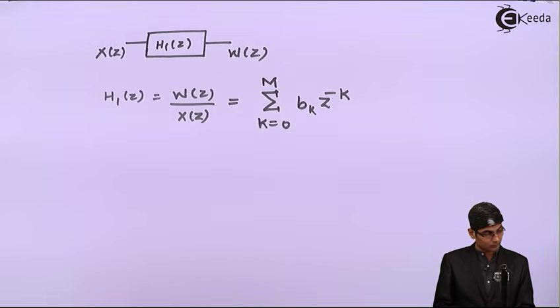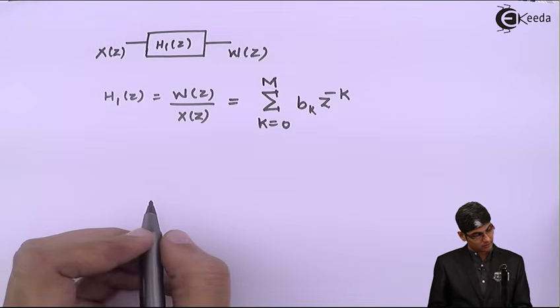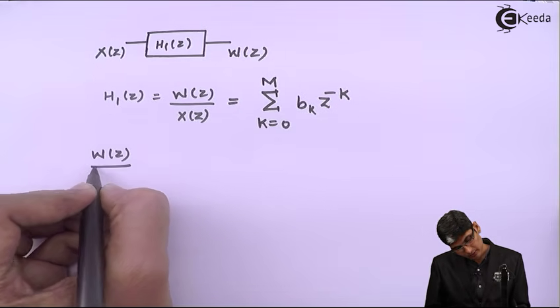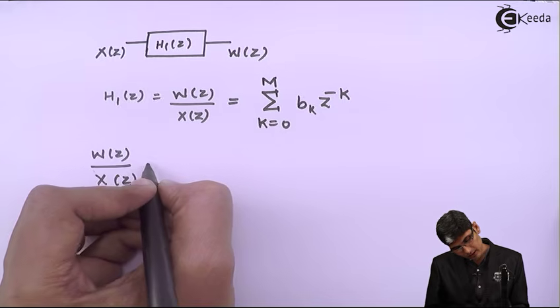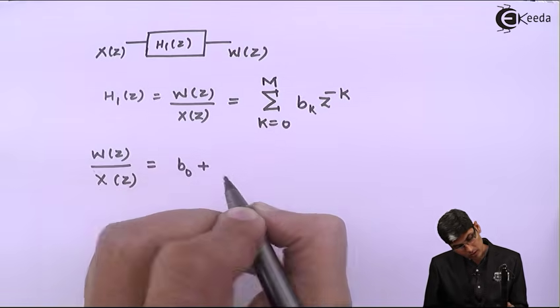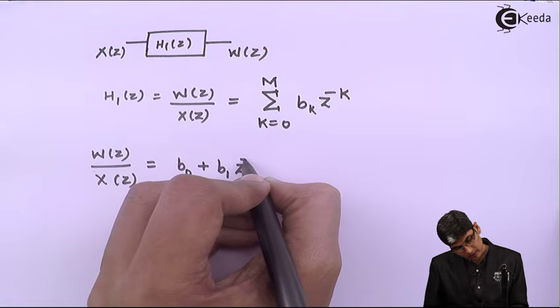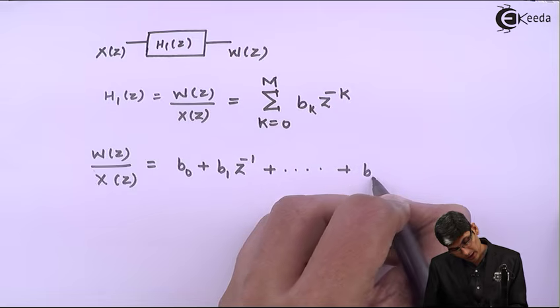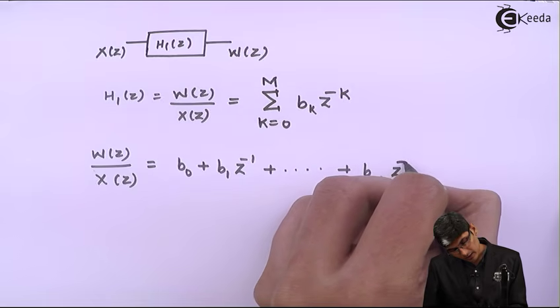Correct? Now if I open this up, w of z by x of z equals b0 plus b1 z raised to minus 1 plus and so forth, up to bm z raised to minus m.